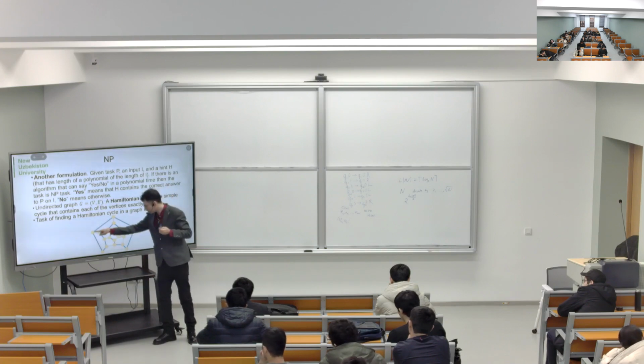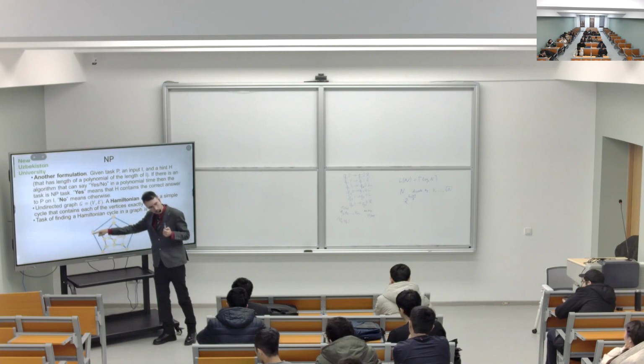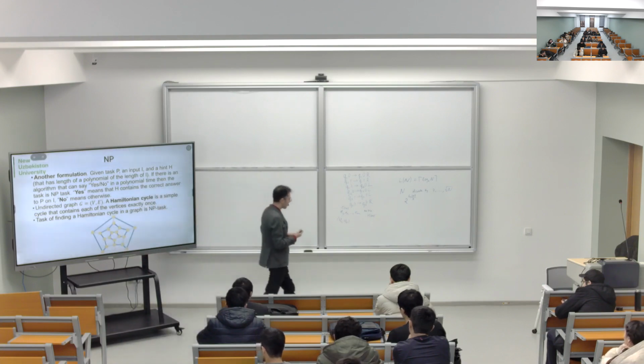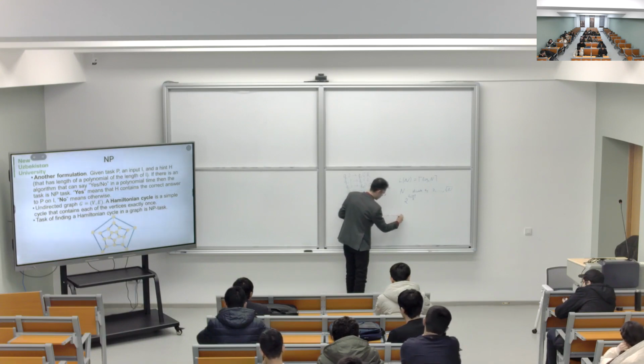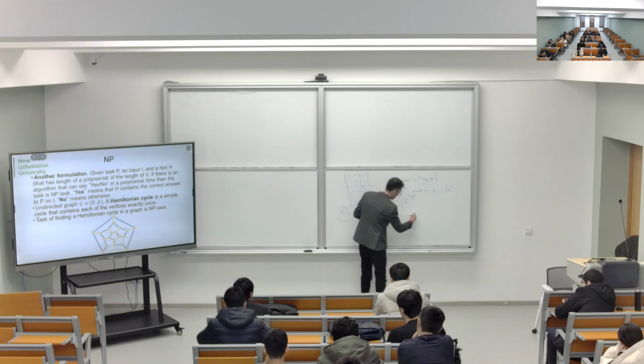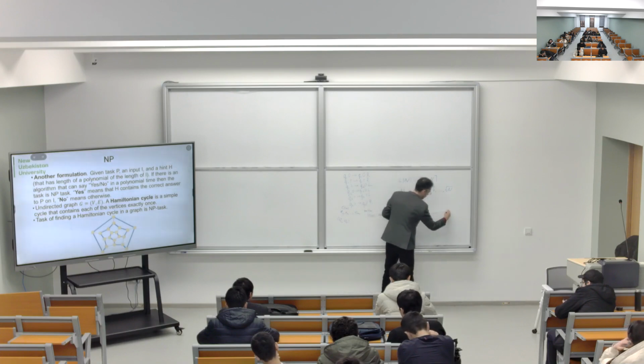So if I write V1, V2, V3, V4, like that, in this direction in which I can go, I write vertices in the order in which they appear in the Hamiltonian cycle.